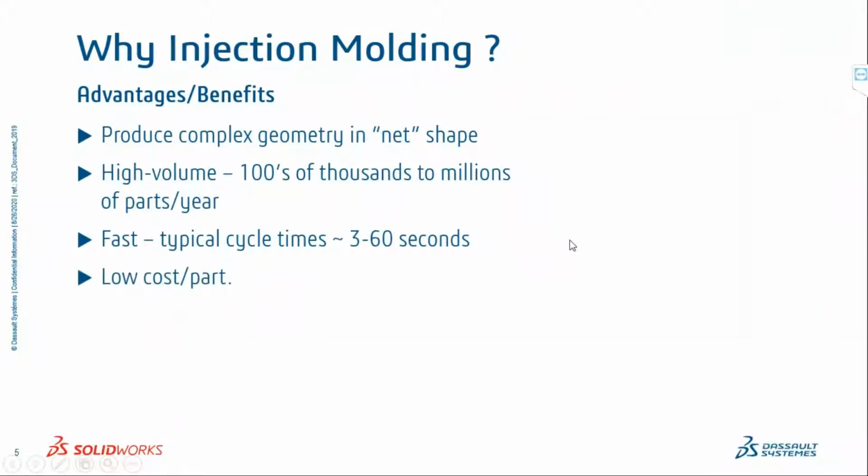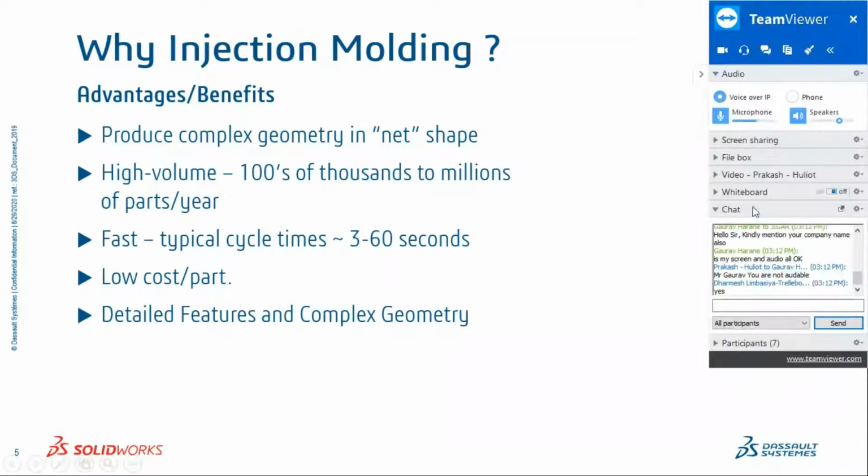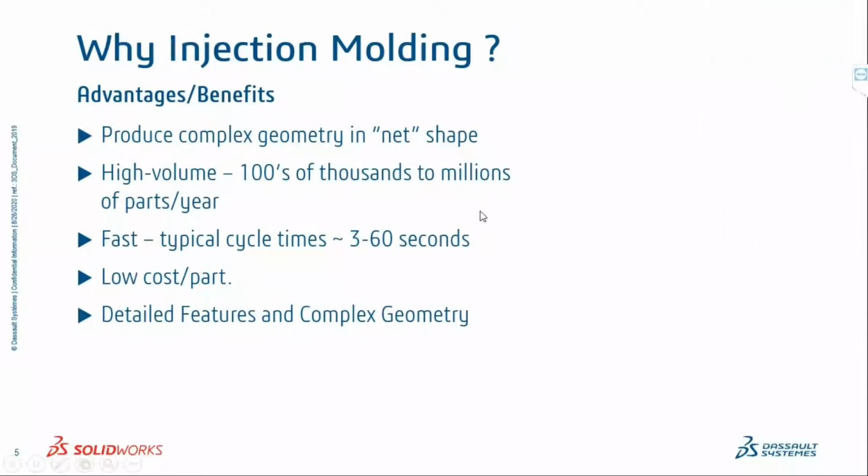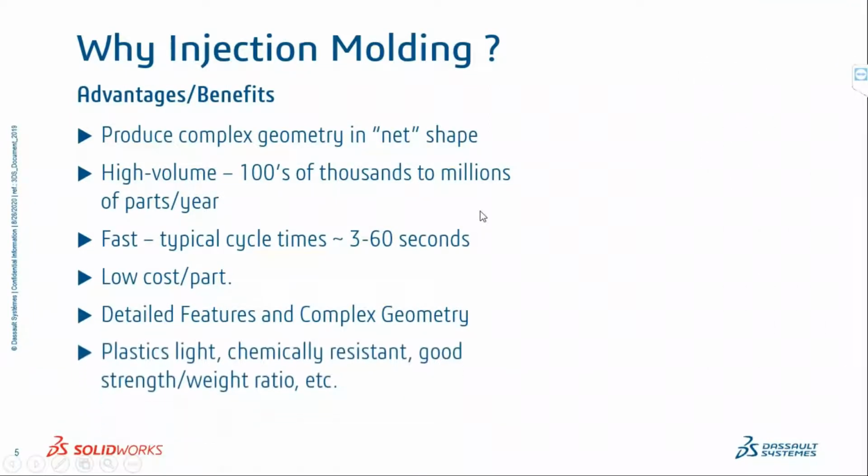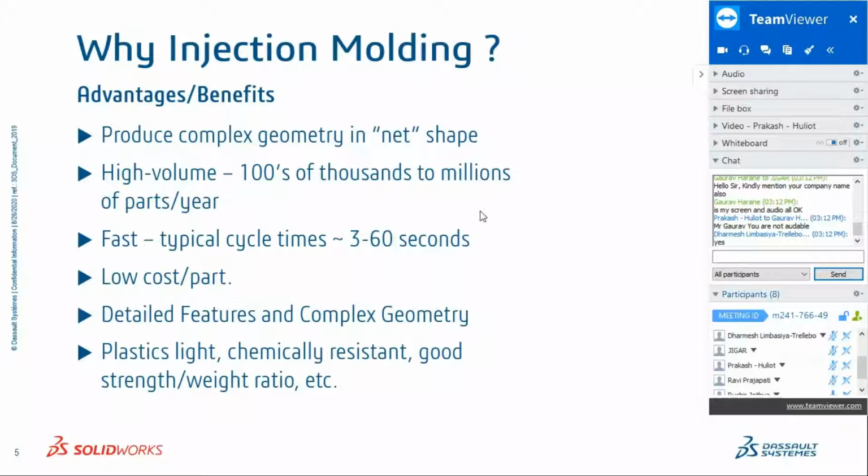And again, it is a low cost per part. Detailed features and complex geometries can be created, so all the intricate shapes that we see in plastics can be created. And finally, they are light, chemically resistant, and have a good strength to weight ratio, etc.